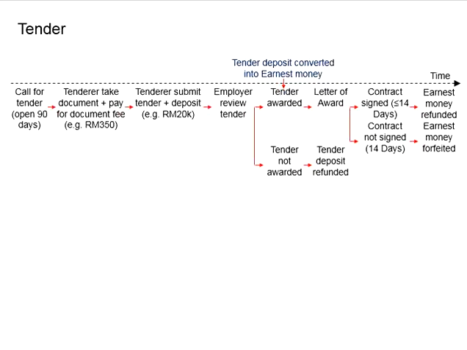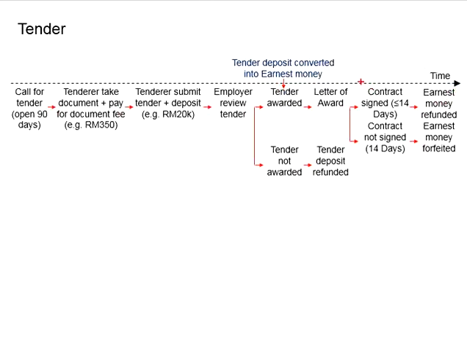Now for the winning contractor, the tender will be awarded, and the deposit which was initially paid by the contractor when submitting the tender document will be converted into earnest money. The employer then sends the letter of award. It is now up to the contractor whether or not to sign the contract with the employer.